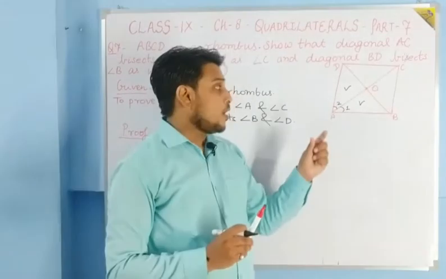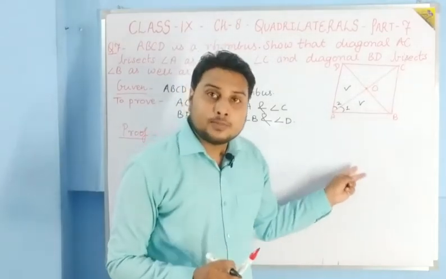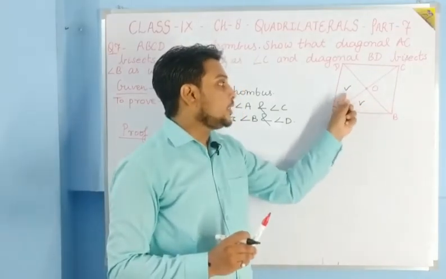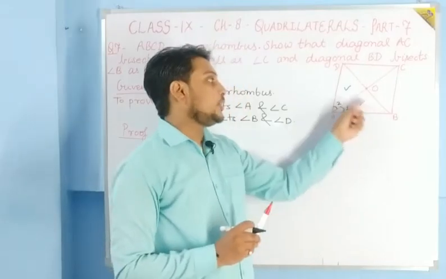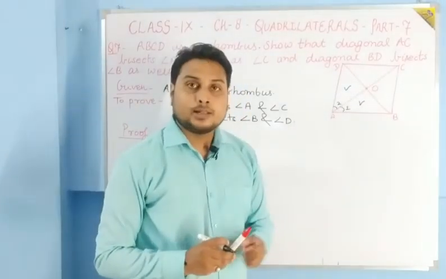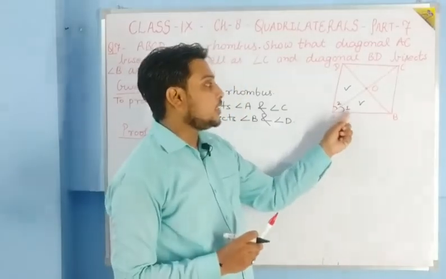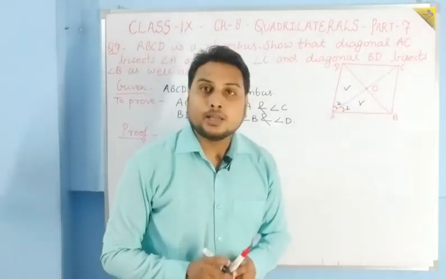So our aim should be to show that these two triangles are congruent. Then by CPCT we can easily say that these two angles are equal.